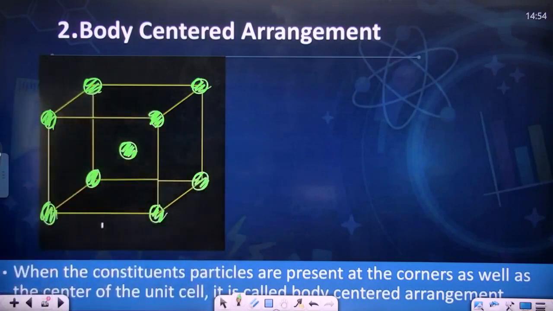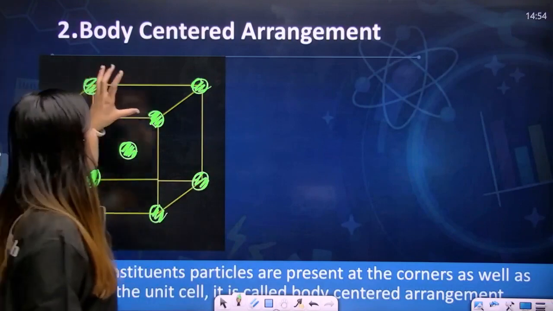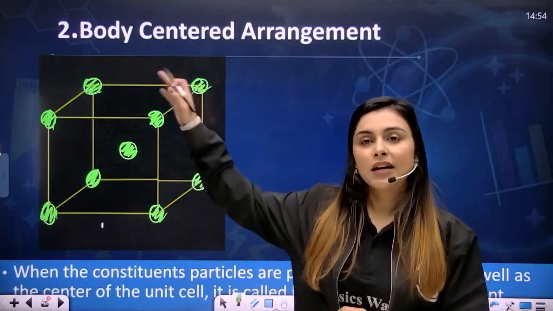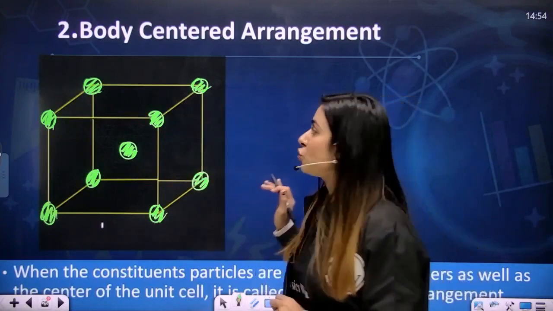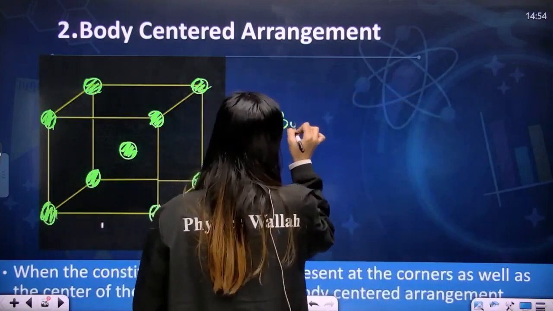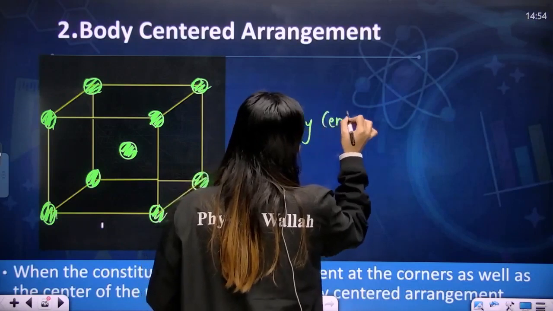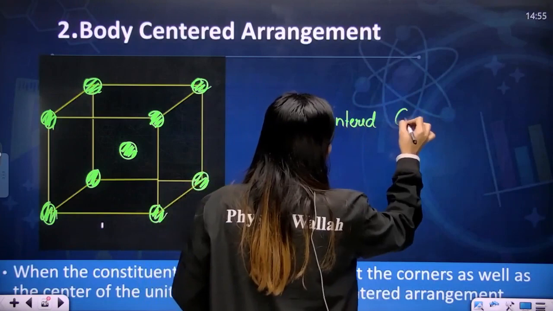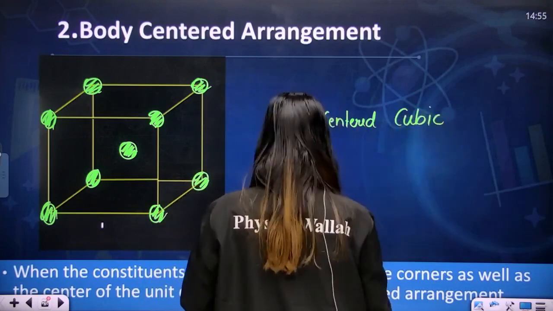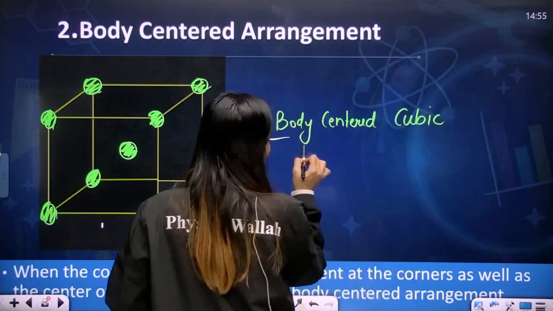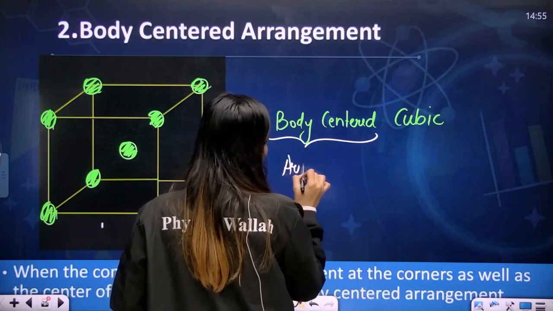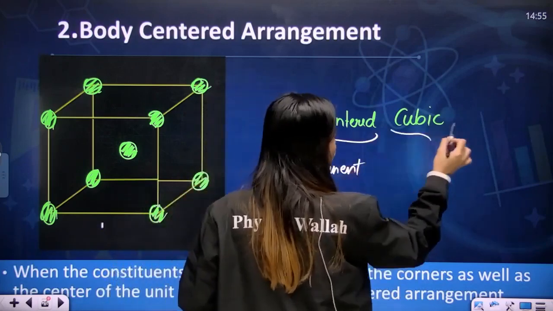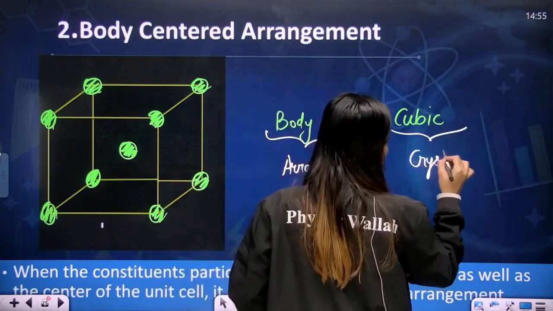So in a body centered arrangement, an atom can sit in the center as well, and corners will definitely be occupied. This type of system is known as the body centered cubic system. Here, body centered gives you the type of arrangement, and cubic gives you the crystal system.